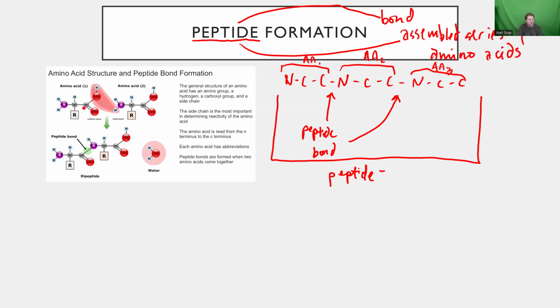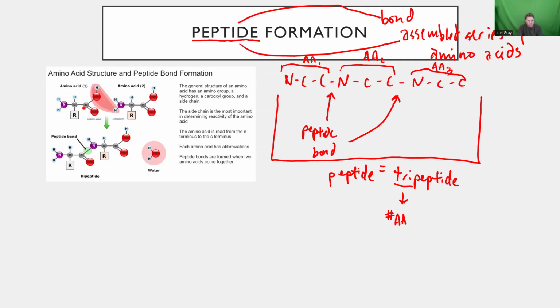You might also see this referred to as a tripeptide. Now that seems a little bit confusing. The tri indicates the number of amino acids, and the peptide simply means the type of molecule that it is. 3 amino acids make up this peptide.